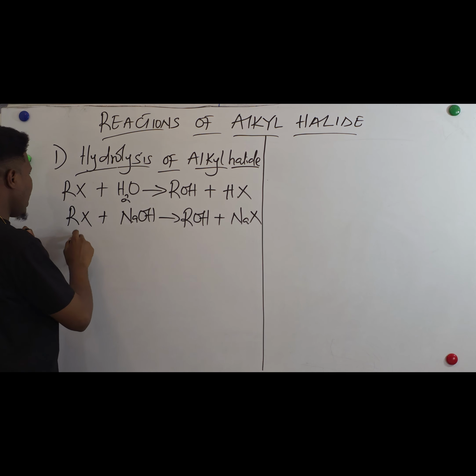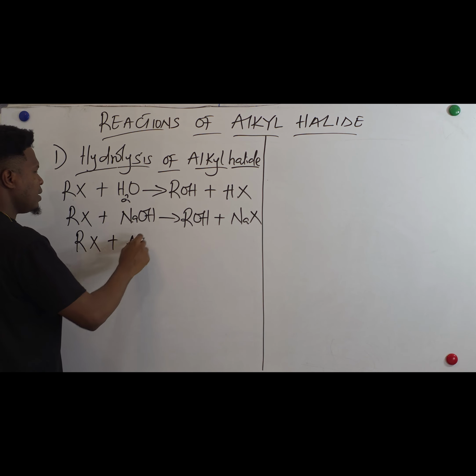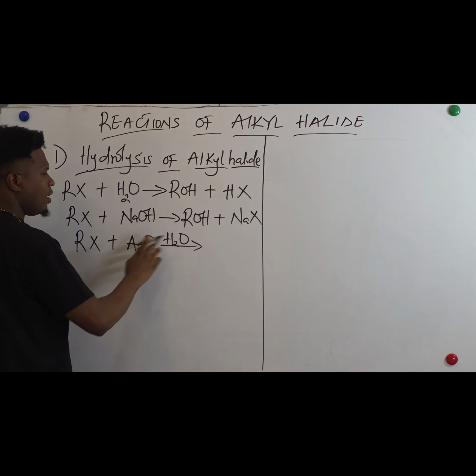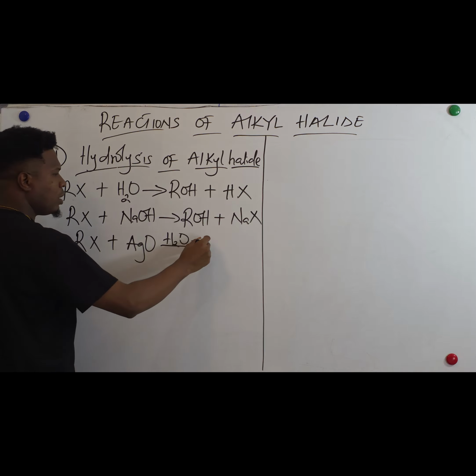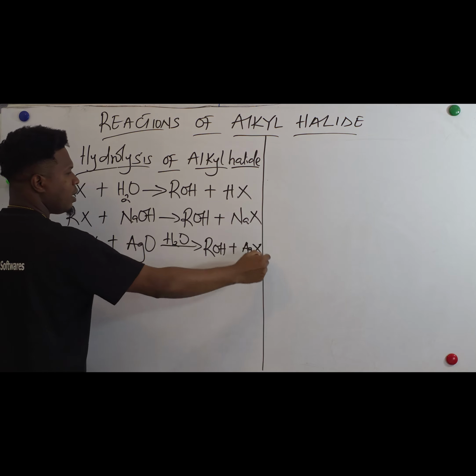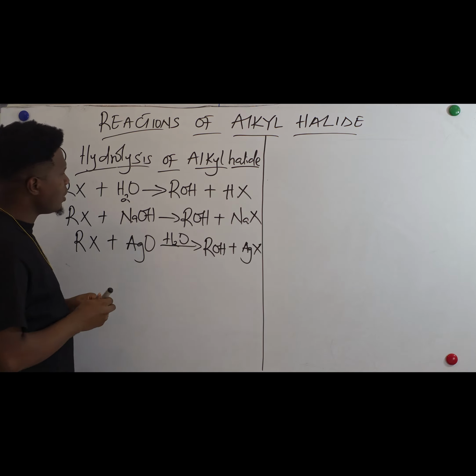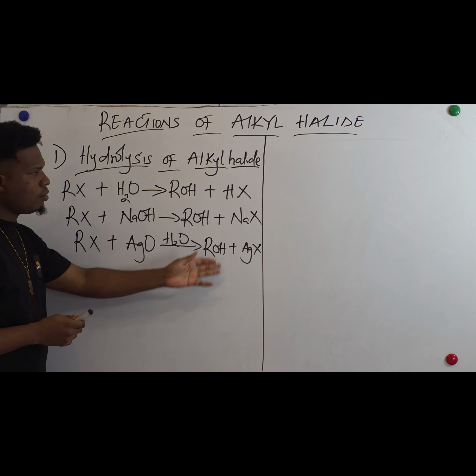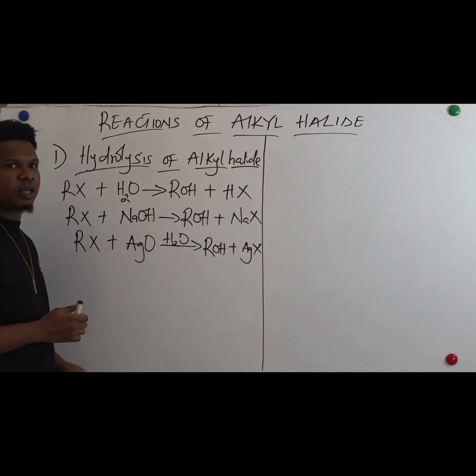Then if you also hydrolyze it using silver oxide dissolved in water, this one will give you ROH plus what? AgX. So these are the several hydrolysis processes that happen in haloalkanes to yield the corresponding alcohol and these byproducts you are seeing here. So this is simply what we call hydrolysis of alkyl halide.